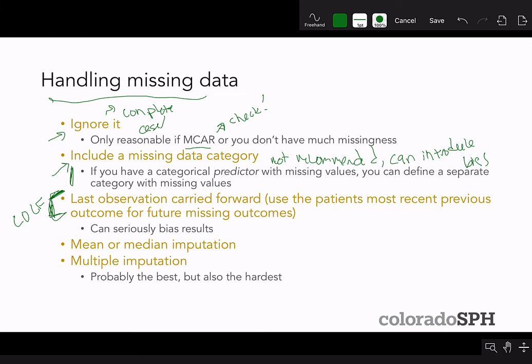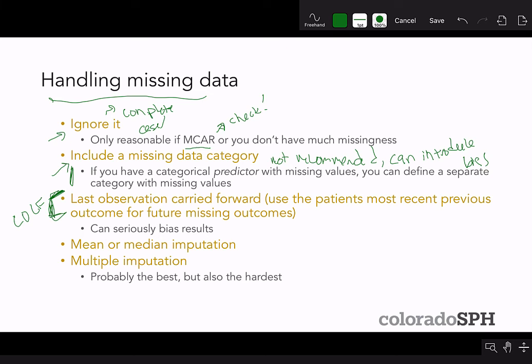With last observation carried forward, they'll take my third measurement and then they'll just impute that, use that number for both the 4th and the 5th as well. So if there are missing values, they'll take the most recent one that occurred and just impute that into the missing value. And it's pretty simple to do, which is why it's popular.